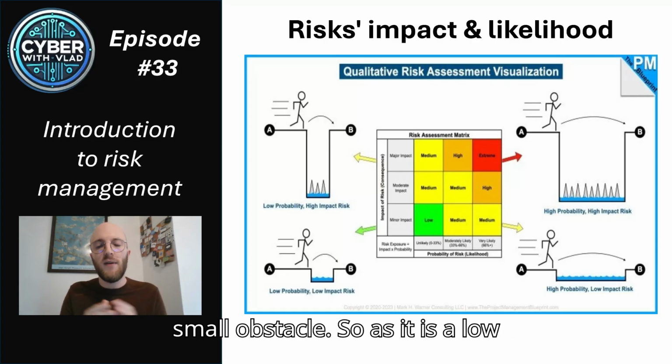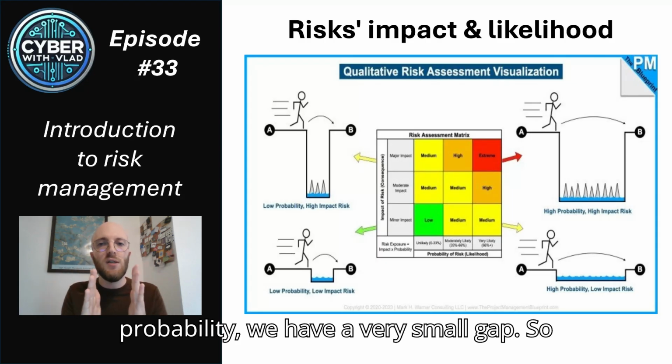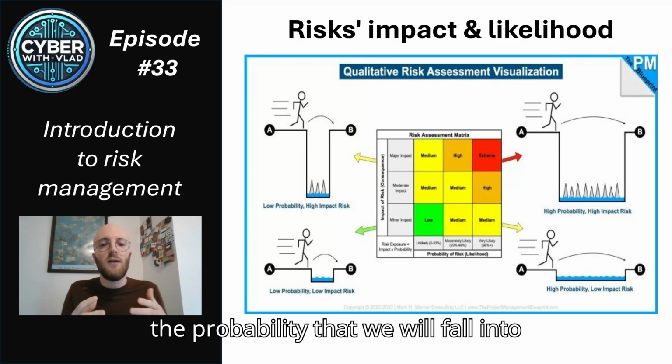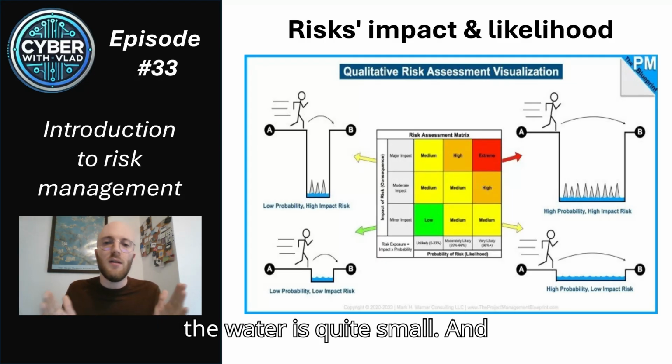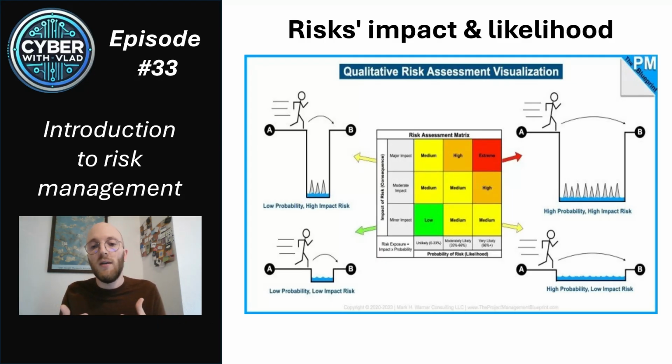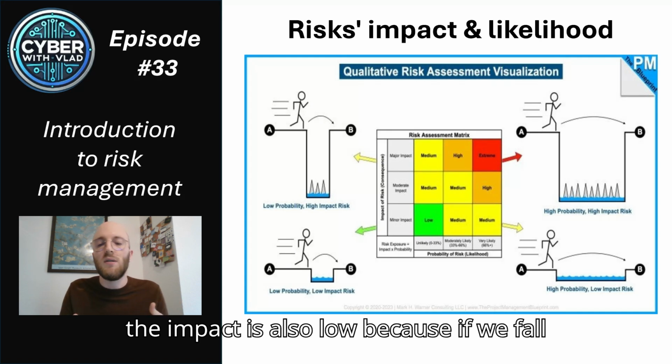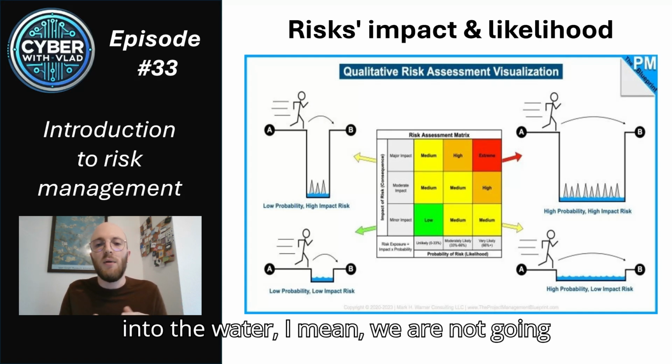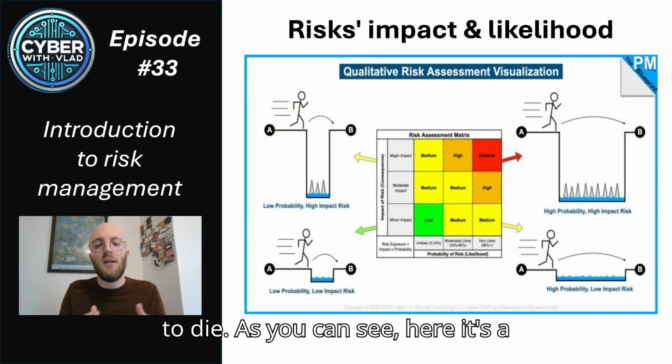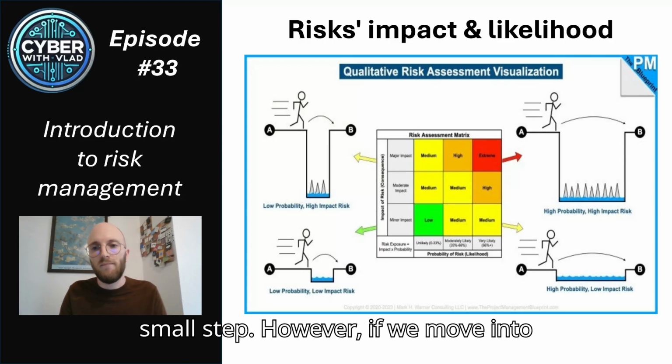Here we have a small obstacle. So as it is a low probability, we have a very small gap. So the probability that we will fall into the water is quite small. And the impact is also low because if we fall into the water, we are not going to die. As you can see here, it's a small step.